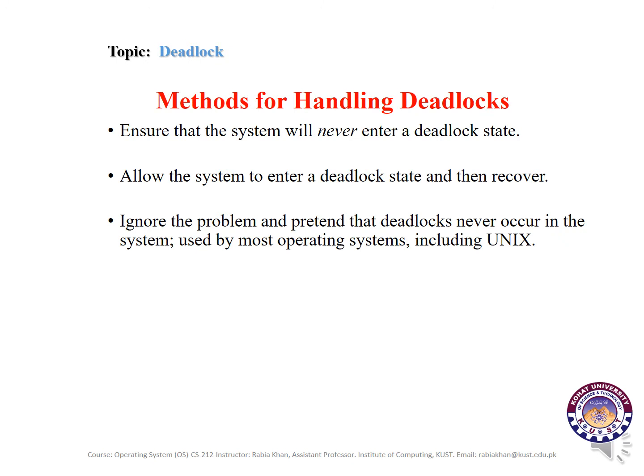Let's now come to the different methods for deadlock handling. We have two choices. Either we never allow the system to enter the deadlock situation, or, the way some operating systems such as Unix do, we ignore this problem.